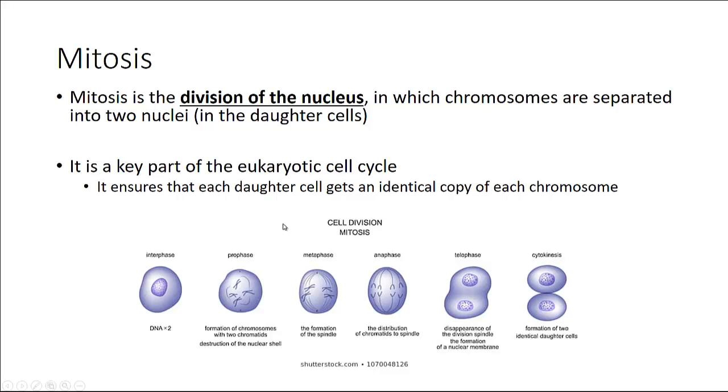Part of the necessity of mitosis is it ensures that each daughter cell gets an identical copy of each chromosome. So we're not just taking all the chromosomes and sort of grabbing two handfuls and splitting them apart. We're getting the exact replica of the parent cell and making sure each daughter cell gets an identical copy.